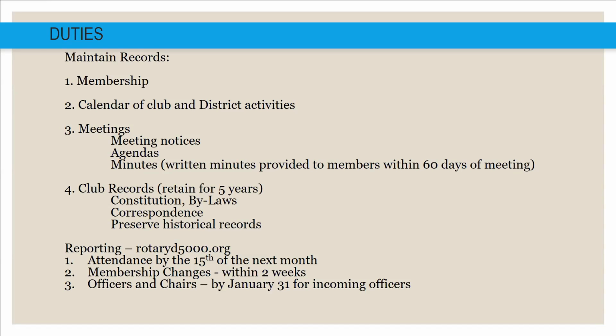So it's good to keep good minutes and have a folder. If you can make a folder with your information, the Constitution, the bylaws, all of the records, and then every year pass it on to the next secretary, so they have a record of what we did last year, and there's continuity without having to rebuild everything.